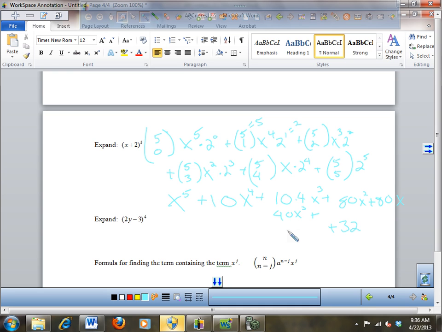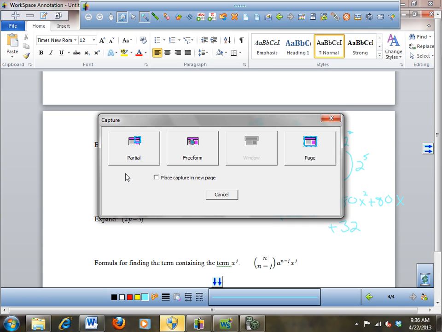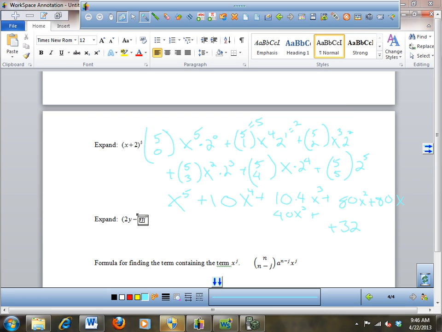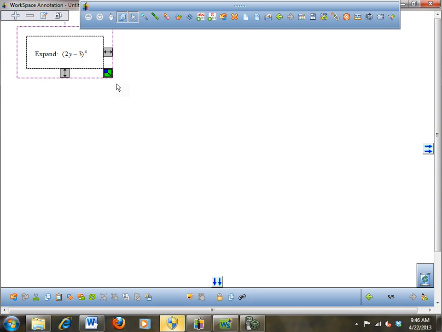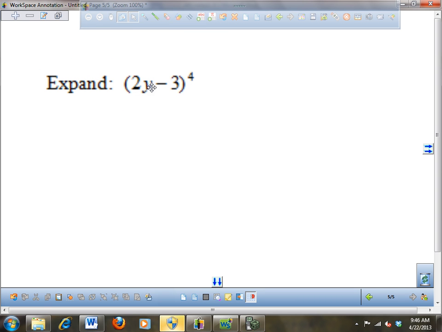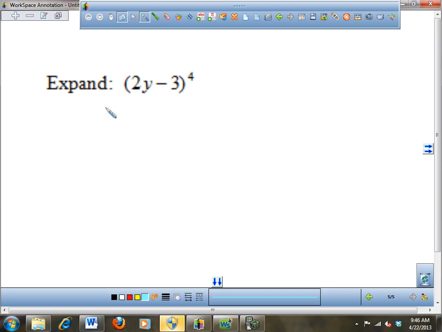So how would you expand something like this? The same way, except instead of using the first term as x, you call the first term 2y. So this is going to look like 4 combination 0 times 2y to the 4th.